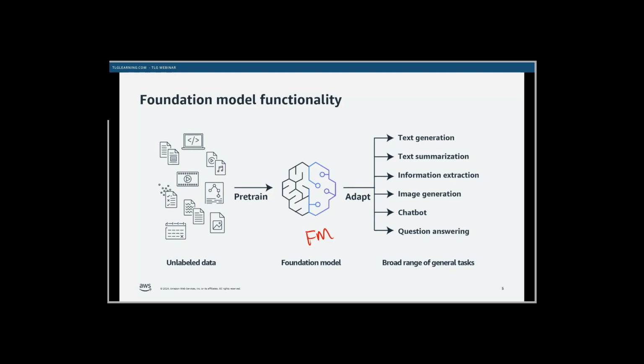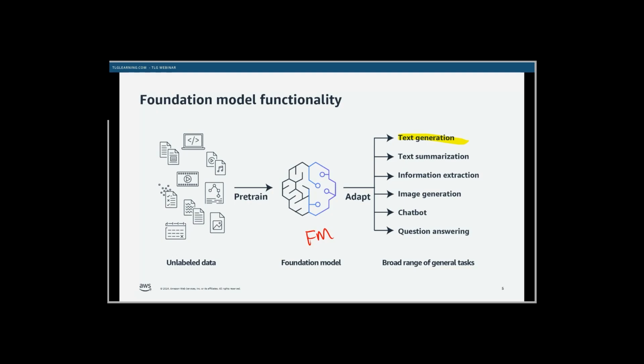Or we can use the foundation models as they are after they've gone through the pre-training process. They excel at doing a number of different things. Foundation models that we're familiar with today, probably the most common will be text generation, but they can also do things such as text summarization. I provide a file to them, like a PDF document or an email, a long email string perhaps, and have them summarize that.